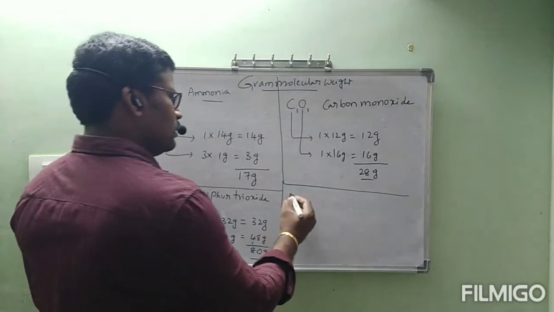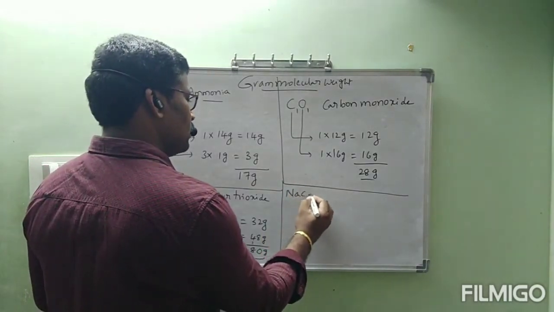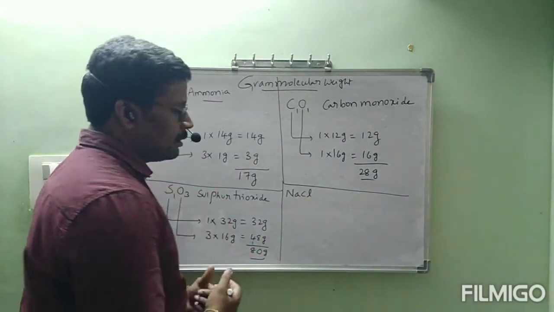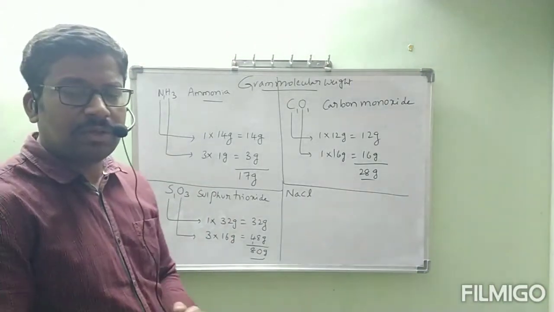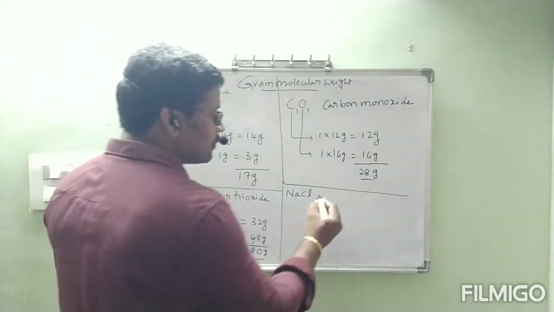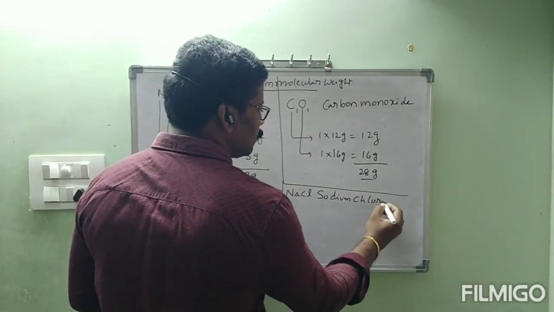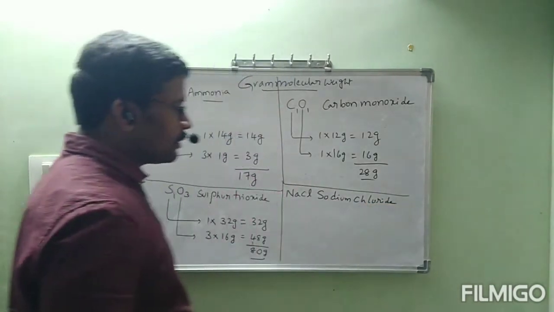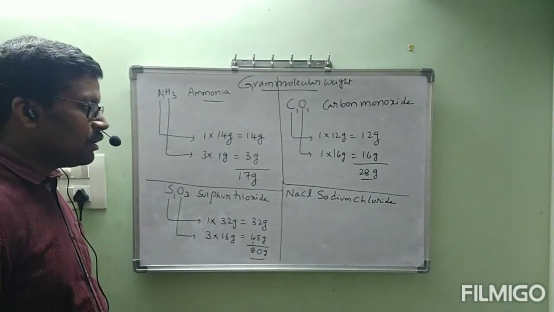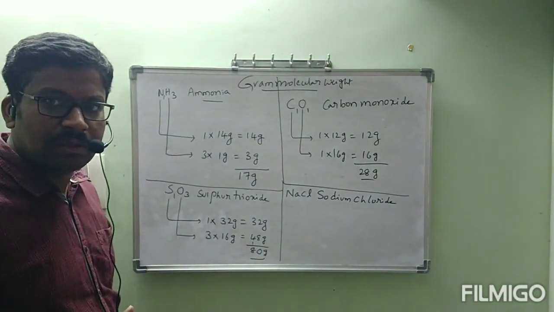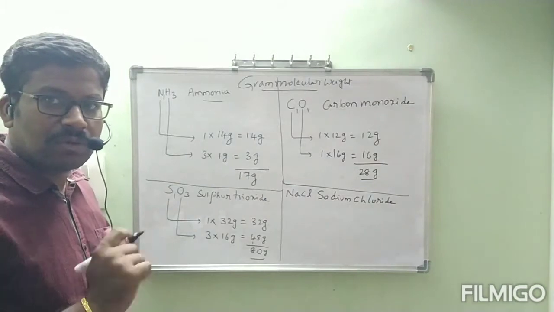NaCl, sodium chloride. The name of this compound is sodium chloride. Sodium chloride contains two elements, no? Sodium and chlorine. 1 sodium, 1 chlorine.